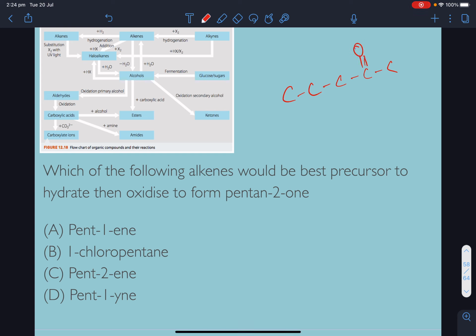So if we oxidize that, it must have come from this alcohol, or pentan-2-ol. And if we hydrated that, it must have come from that one there. Pent-1-ene. Well, you could do it from pent-1-ene. Or pent-2-ene, sorry. Pent-2-ene.